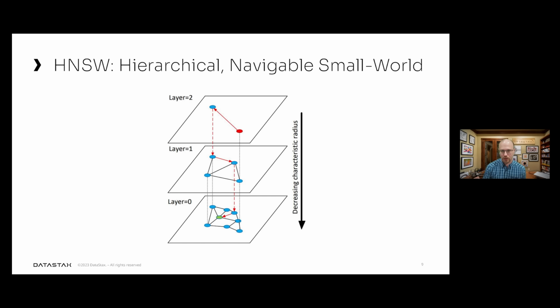And then the one that it's closest to, we look for the neighbors of that node in the next level down. And then we take the one that it's closest to in that level, go the next level down, and so forth, until we get down to the bottom level where all of our vectors live. And we've narrowed down the vicinity of where we're going to look by following that chain down from the top.